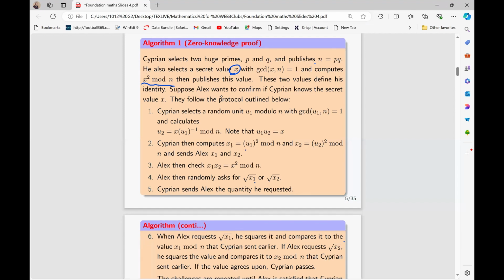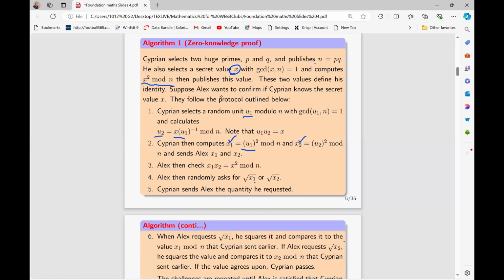He selects a number u1 mod n, which is relatively prime to n, then gets its inverse, multiplies this inverse by x because he is the only one who knows x, and gets u2. Then he squares u1, calls it x1, and squares u2, calls it x2. He sends Alex x1 and x2.